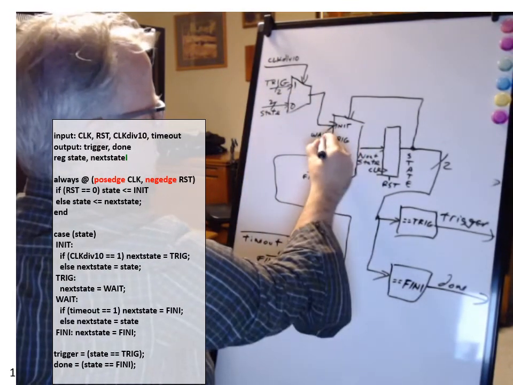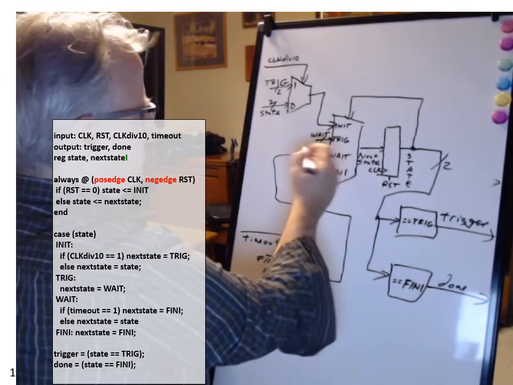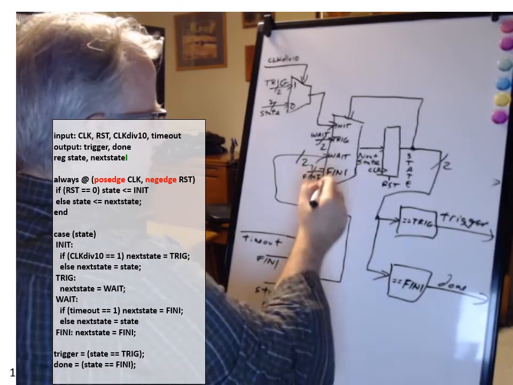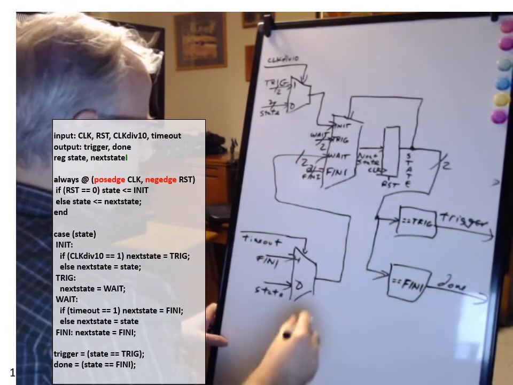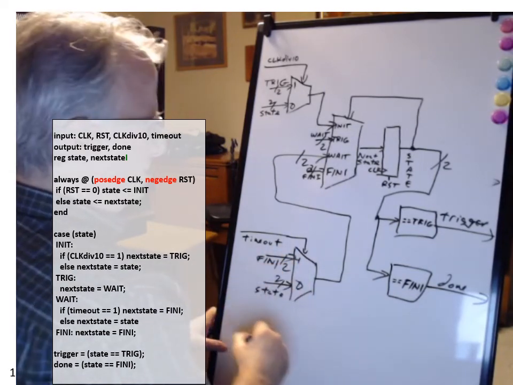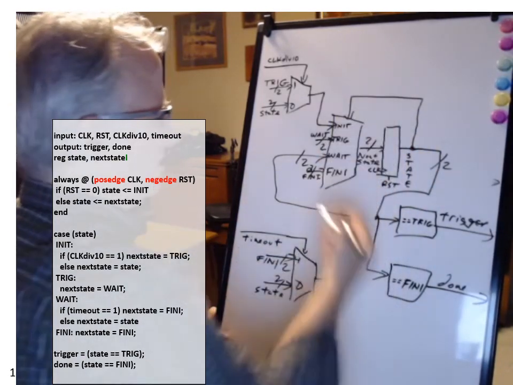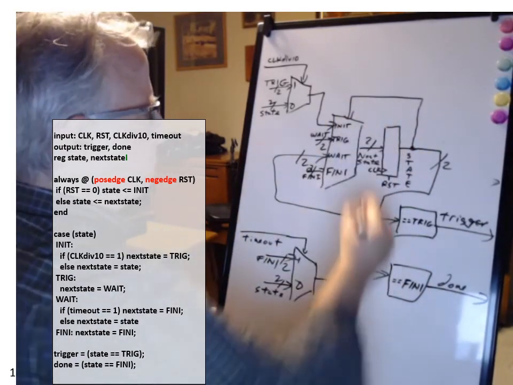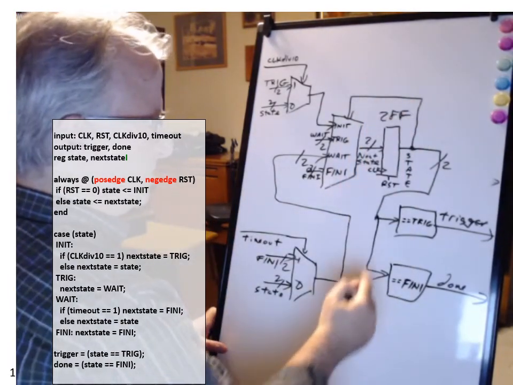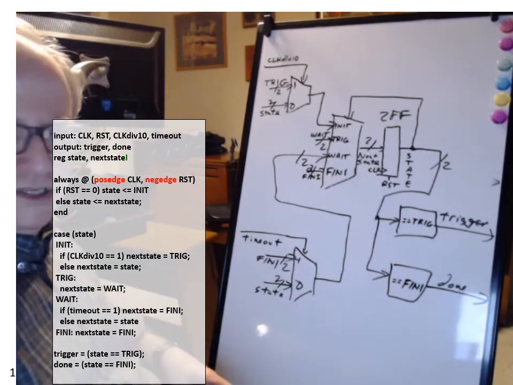State's 2 bits, wait's 2 bits, the next state for wait is 2 bits, fini is 2 bits, got a lot of 2's all over the place. Next state has to be 2 bits, a 2-bit flip-flop, 2 flip-flops. Okay, I think we've accounted for all the signals.